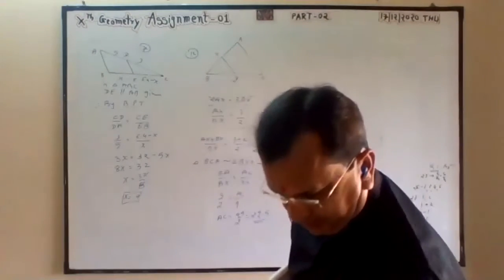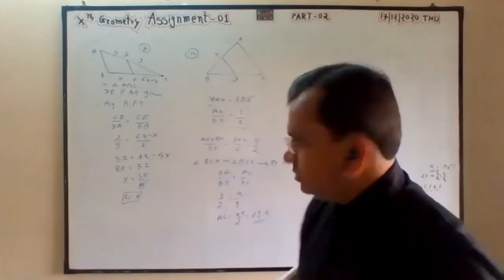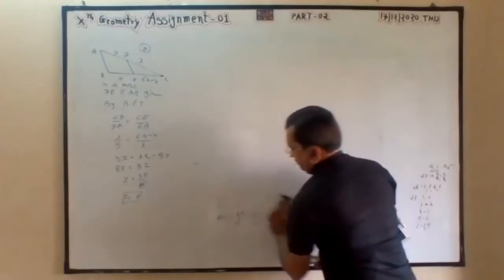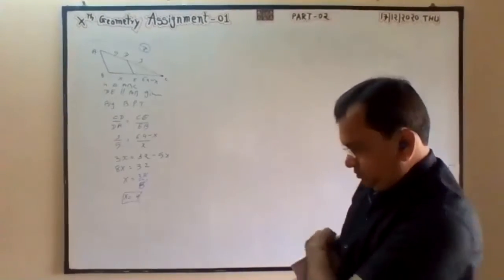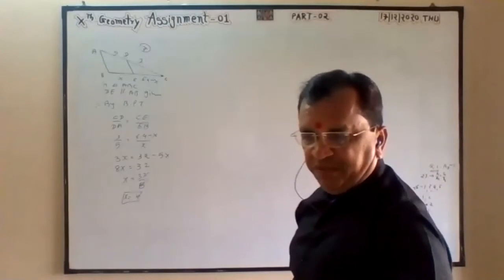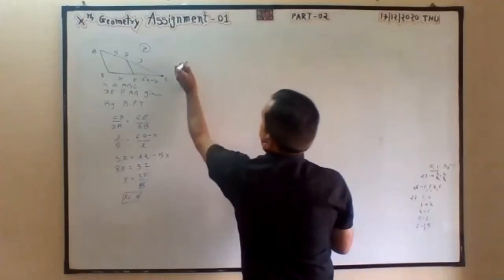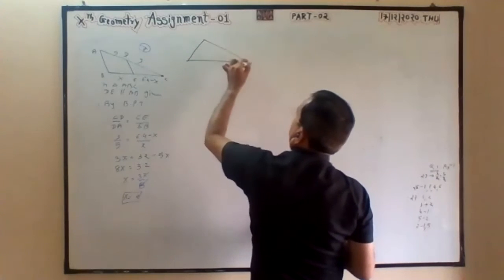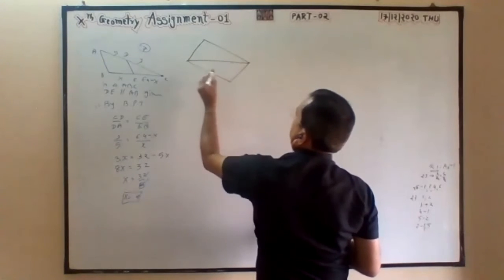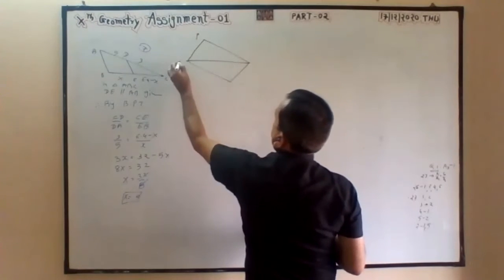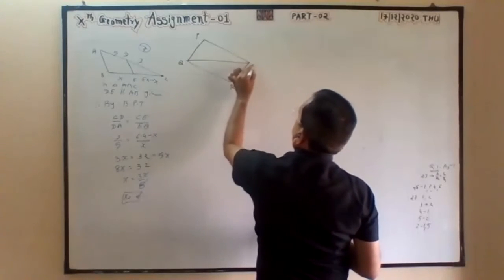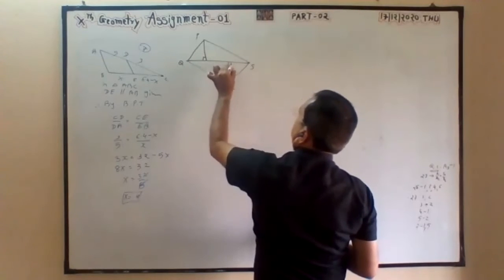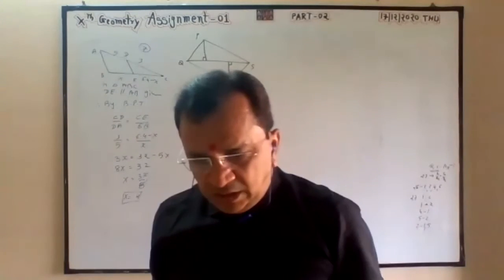That is also very important. In the middle part, I write PQRS, MN.